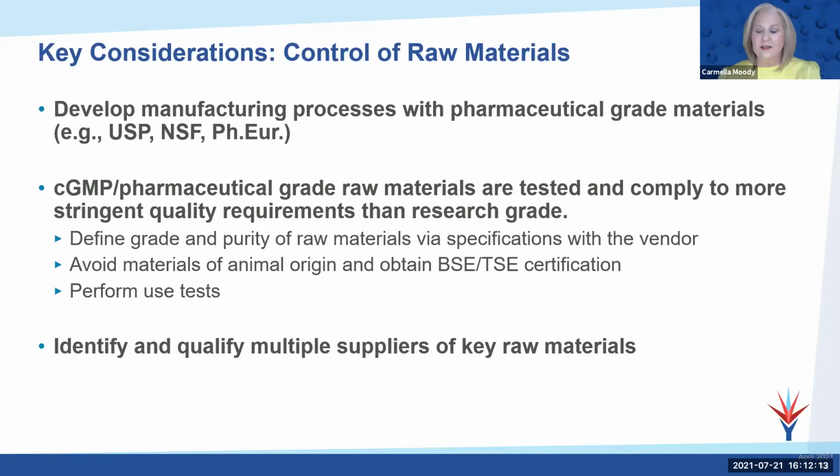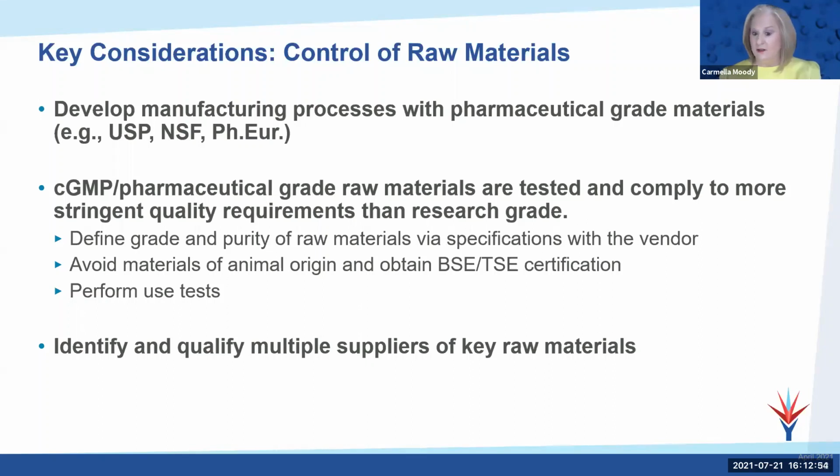And some of the information that you need, even at early phase IND, you're going to need to set some specifications with the vendor, or at least review the specifications and make sure they're relevant and appropriate for your product. Information that's now required for raw materials, especially anything that's of biological origin, you need a BSE or a TSE certification to go along with your certificate of analysis.